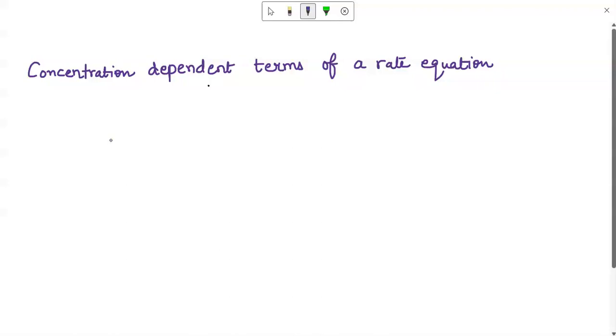Hi everyone. Today we're going to talk about the concentration dependent terms of a rate equation in chemical reaction engineering. Say we have a reaction where A reacts to give us essential products, and we write the rate of this reaction in the following manner.